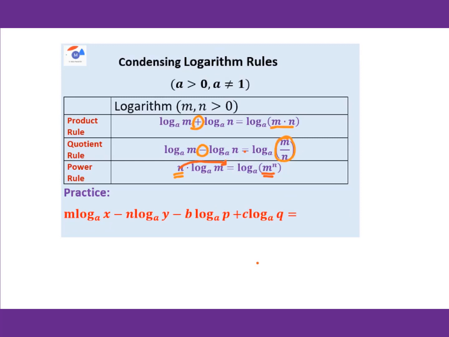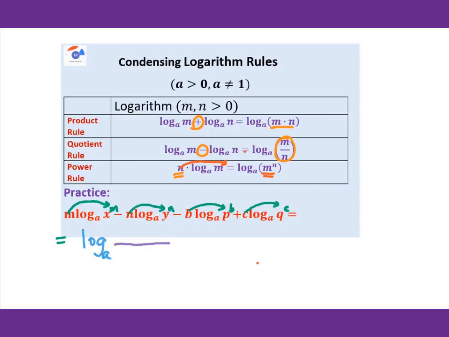For example, first of all, you need to make every single number before the log jump as an exponent. N, I got to do y to the nth power. B, you got to do p to the b power. C, you got to do q to the c power. Then next step, you will get the log. Since you have subtraction, that means you have a division line.